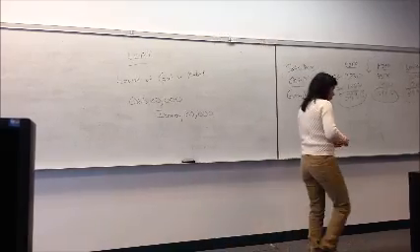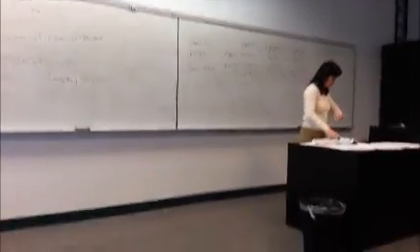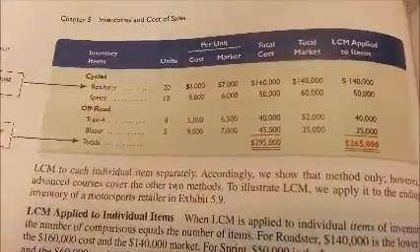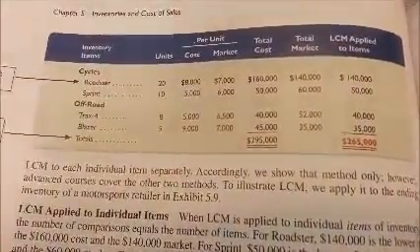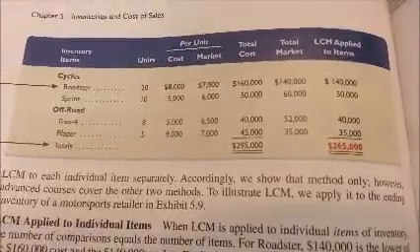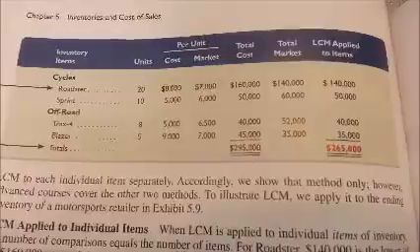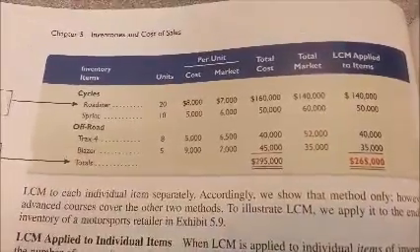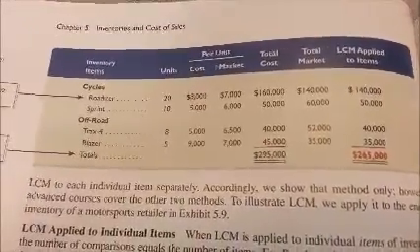Now, let's take a look at the second item, the sprint. Look at the cost, look at the market. My question to you is, does an adjustment have to be made? Is cost lower than market?